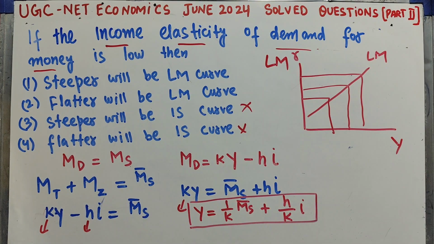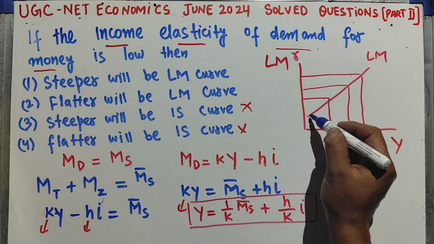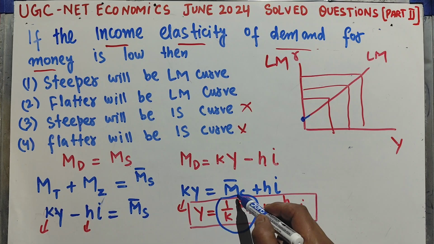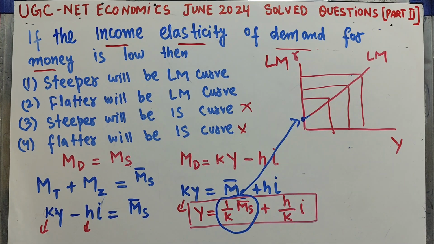Now the first part shows us the intercept of the LM equation. Because money supply is exogenously fixed and K is also a constant number, this term gives us the intercept. And what is the slope of this LM function?